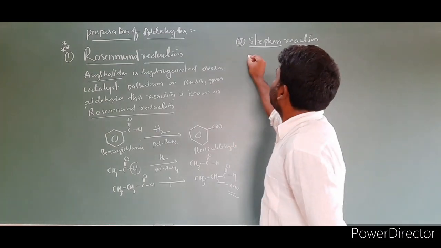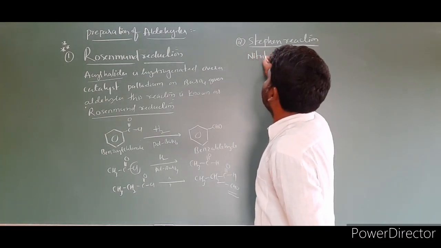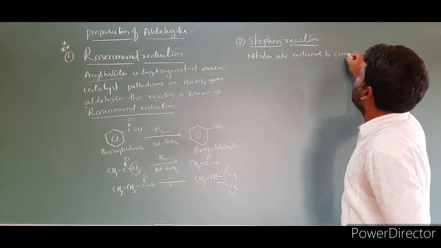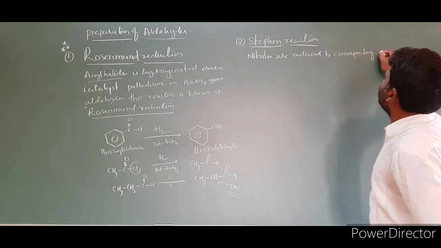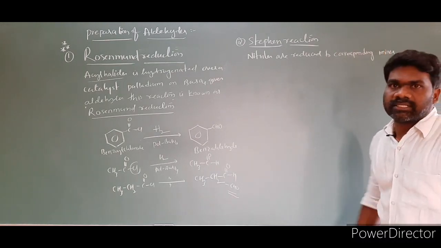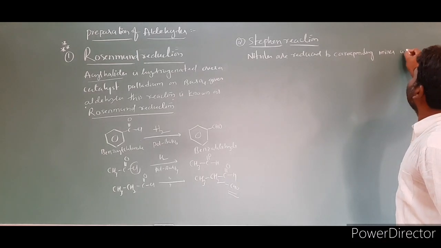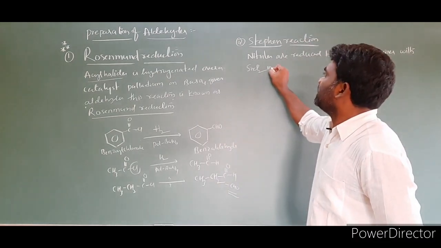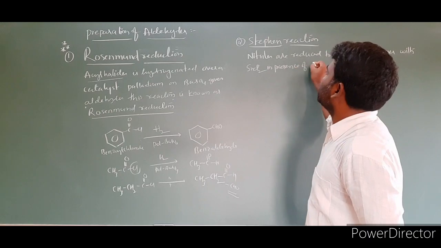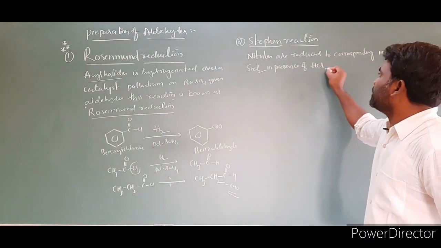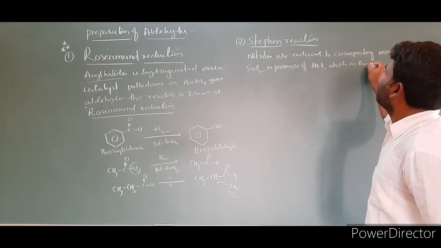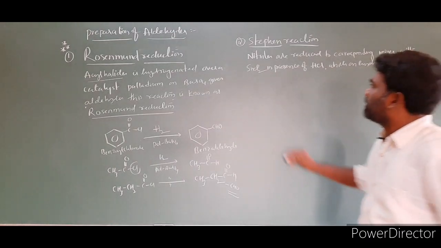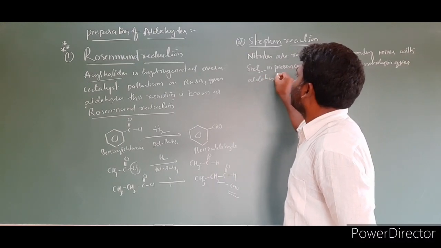What is the statement? Nitriles are reduced to corresponding amines with stannous chloride, SnCl2, in presence of hydrochloric acid, HCl, which on hydrolysis gives aldehydes.